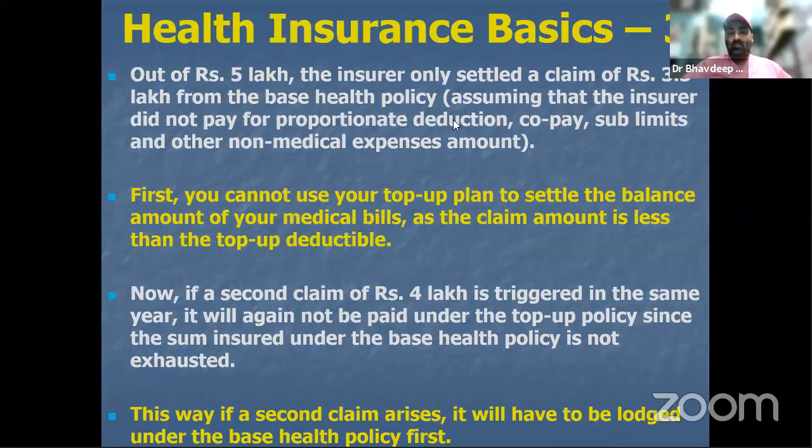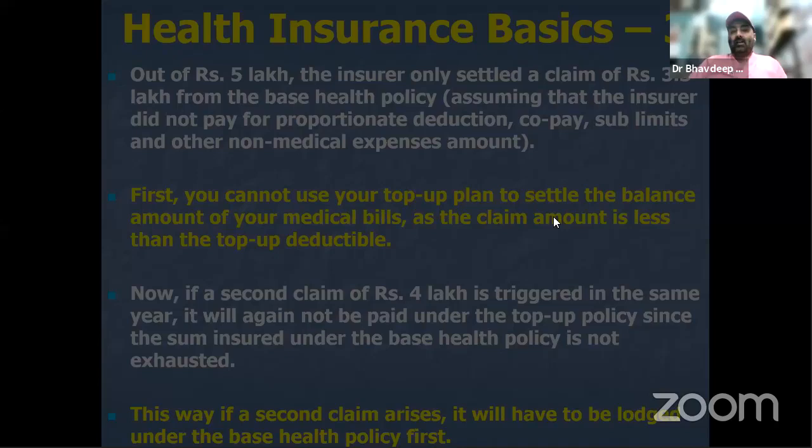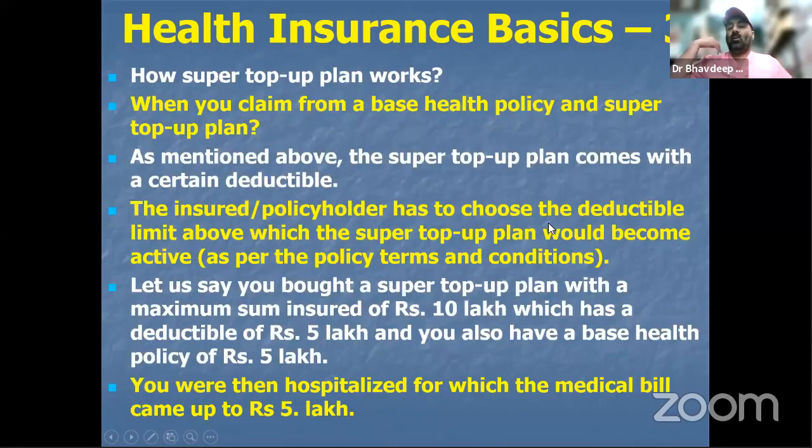So how does a super top-up work in such a scenario? Same, over and above the deductible limit the super top-up will come into action. If you have the same scenario, 5 lakh base policy, 5 lakh deductible, and a super top-up of 10 lakh, and you are hospitalized for 5 lakh, same scenario I'm giving you, your insurer granted you a claim of 3.5 out of 5.